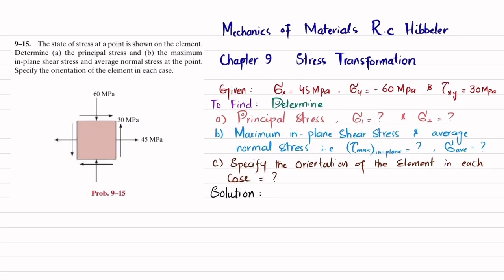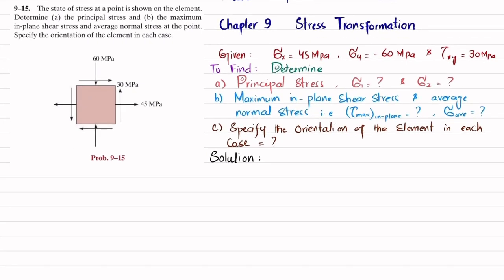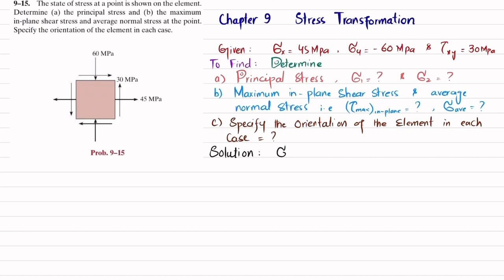As we know, we have been given sigma x equal to 45 megapascal, sigma y equal to minus 60 megapascal, and tau of xy equal to 30 megapascal.